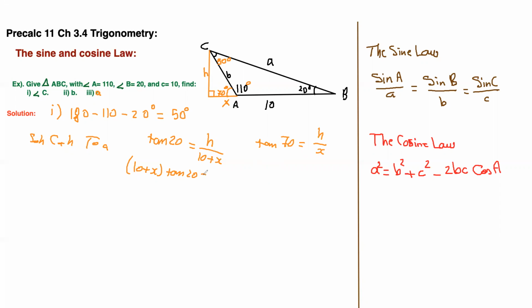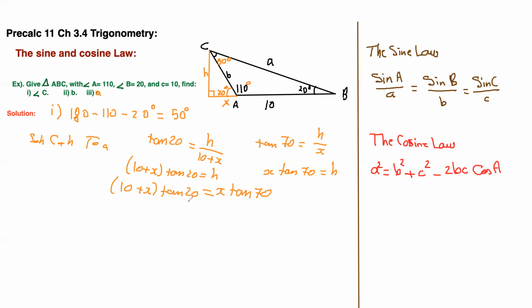So that equals H, and then X tan 70 equals H. Now we could use the method of substitution. Since H equals this, I'm going to replace this H by that, and then we have 10 plus X tan 20 would equal, instead of H, we're substituting this for H right here, X tan 70.